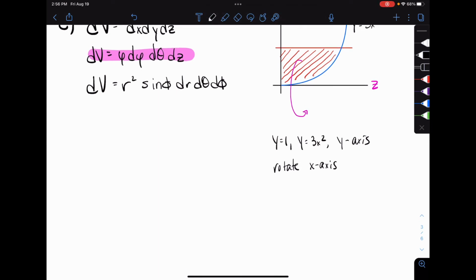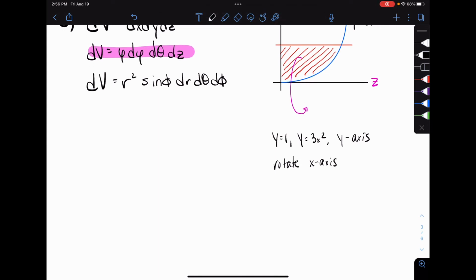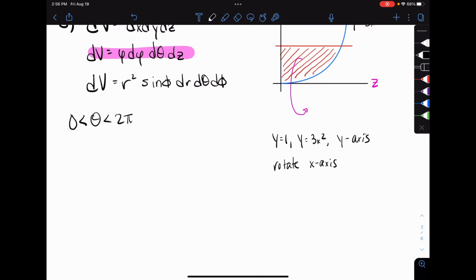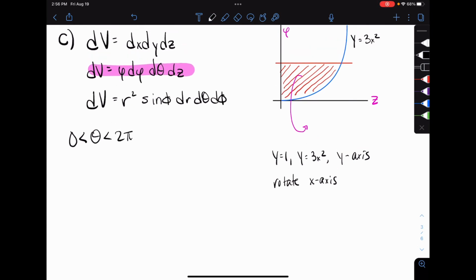Our next step is to define those limits of integration. For theta, it's really simple. We're going from 0 to 2 pi. We're going all the way around. For z, which is our x-axis, it's going to be the exact same as before, going to root 3 over 3.